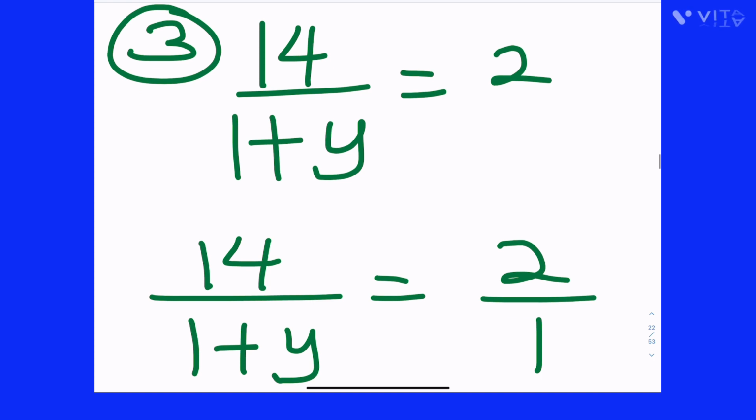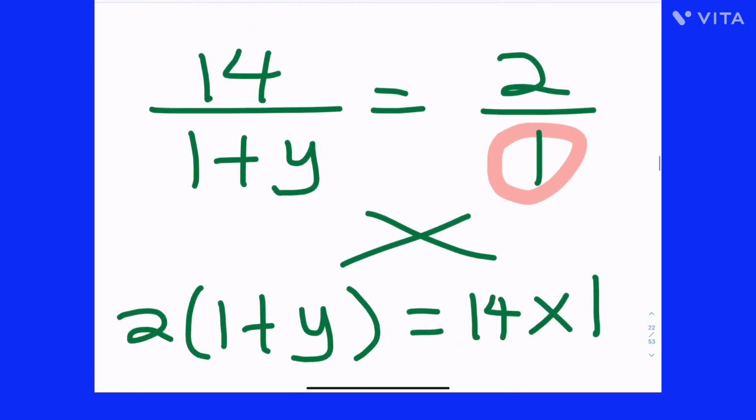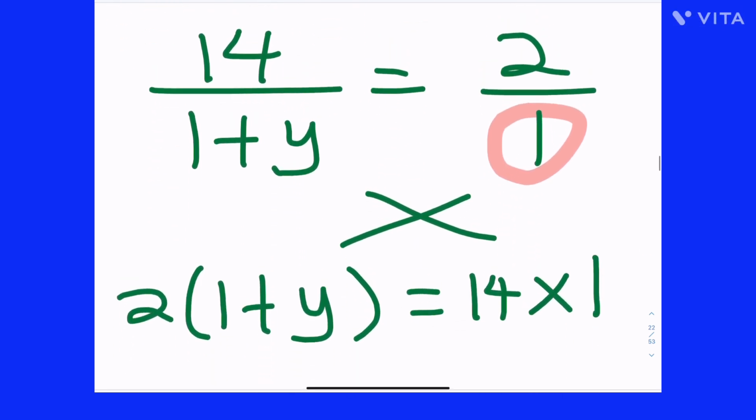Number 3 is the same thing. 14 over 1 plus y is 2. Just put 1 underneath y here to make the equation look better. So 14 over 1 plus y is equal to 2 over 1. Then cross multiply here. So what does that give us? 1 times 14, 14.